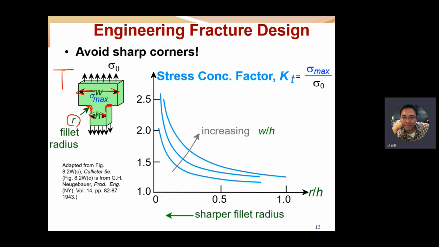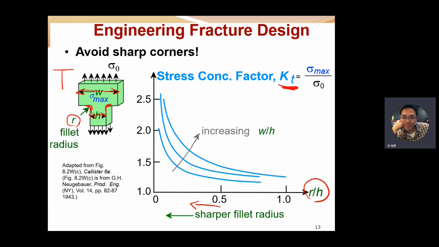So when we look at the figure right here, if H is fixed, and the R over H value is approaching zero, what does that mean? That means a sharper fillet radius. And Y is defined as the stress concentration factor.